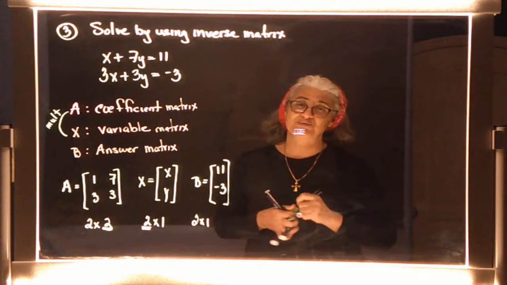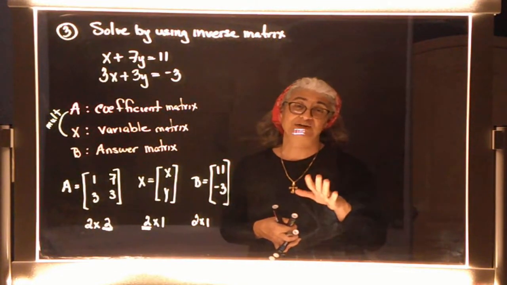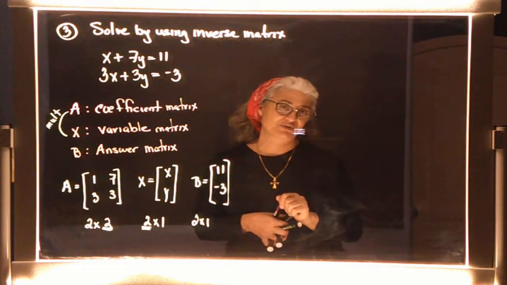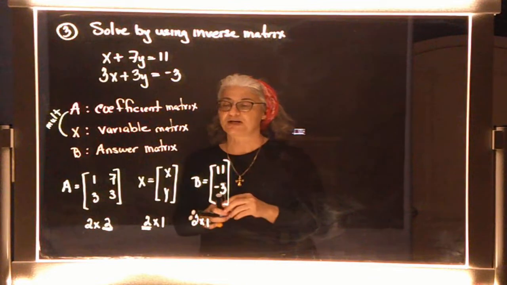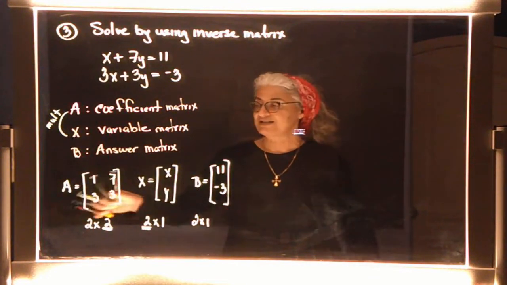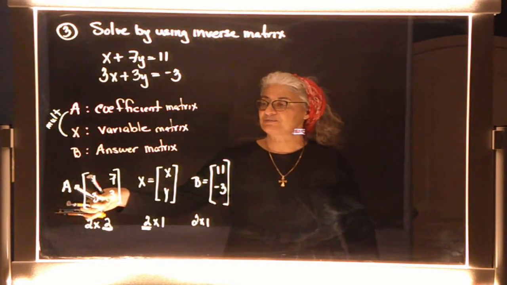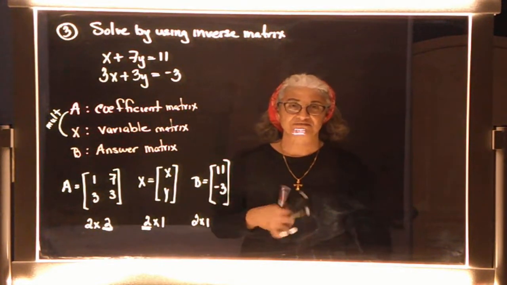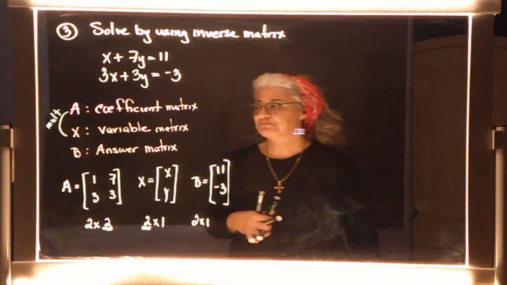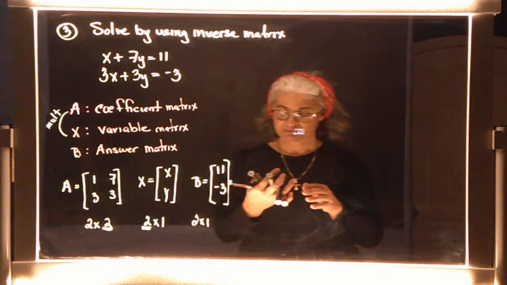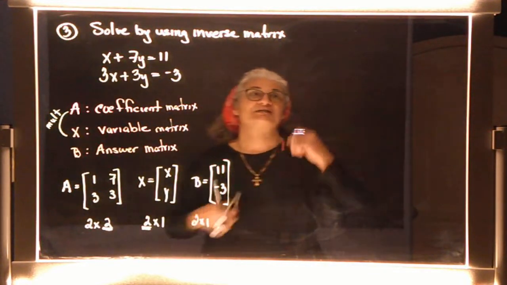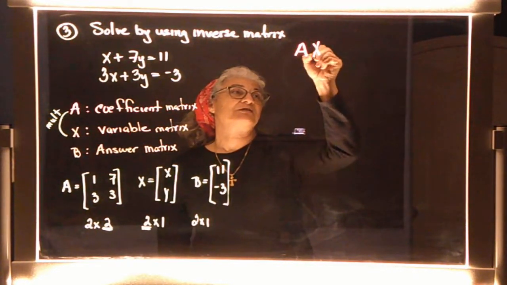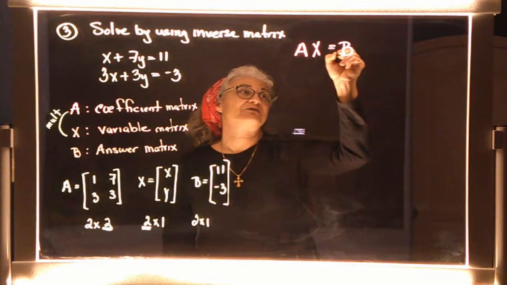As I said, it's not the most efficient way to solve these systems of equations, but I'm just showing you that this is one way that inverse matrices are actually used. Okay. Got it? If I take the coefficient matrix multiplied by the variable matrix, I get this matrix. Good? All right. So, let me write that down as a matter of fact. If I take the coefficient matrix and multiply it by the variable matrix, I get the answer matrix.